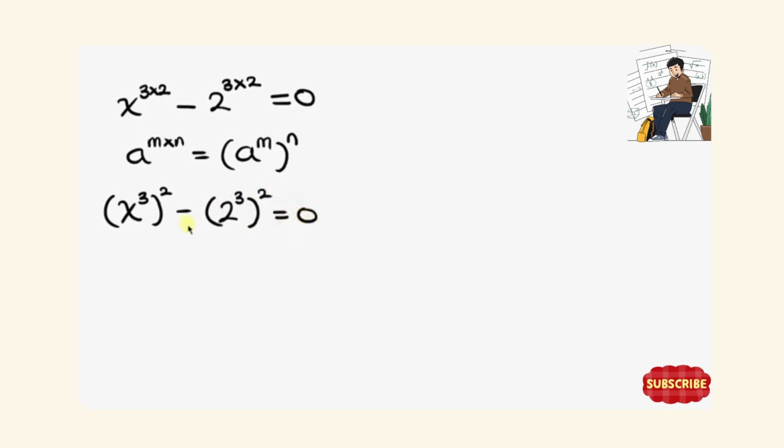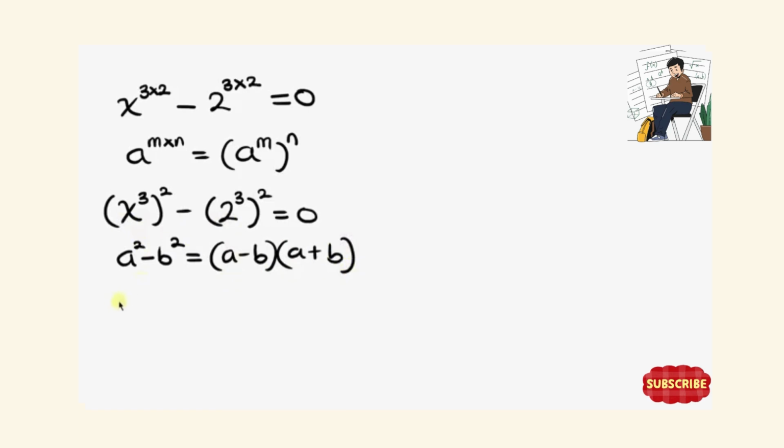Now notice that we have difference of 2 squares. And for difference of 2 squares, there is a property which says when I have a squared minus b squared, this is equal to a minus b times a plus b. Very good. So we're going to be writing this in this form.